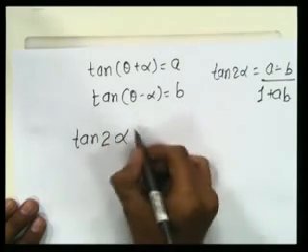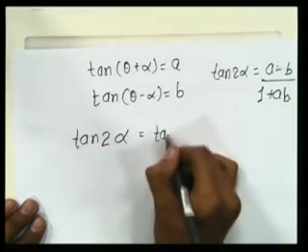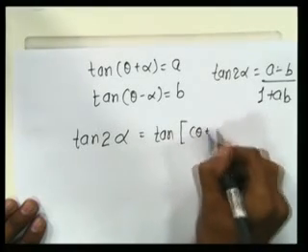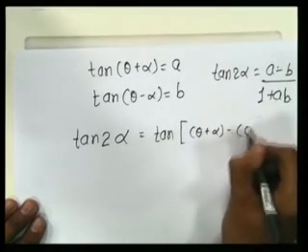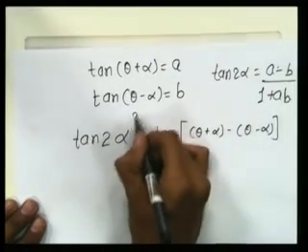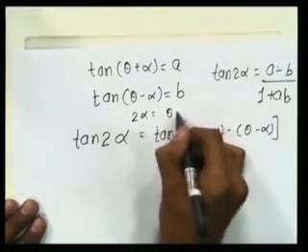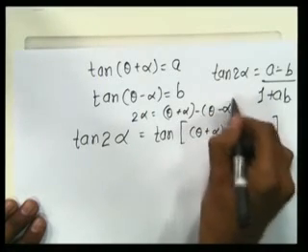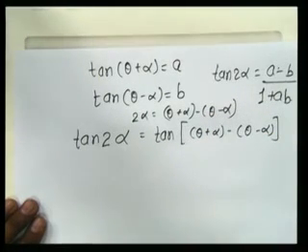Using the given two data, one can write 2 alpha as theta plus alpha minus theta minus alpha. Then we can apply tan on both sides. Now we will apply the subtraction formula of tan.